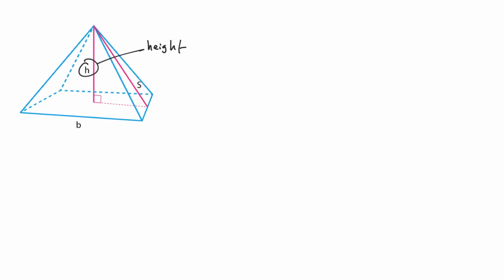And finally, from the top here to the midpoint or the middle of the length, so looking at this little triangle over here and its height, which again is from the midpoint of the length all the way to the top, we call that the slant height.